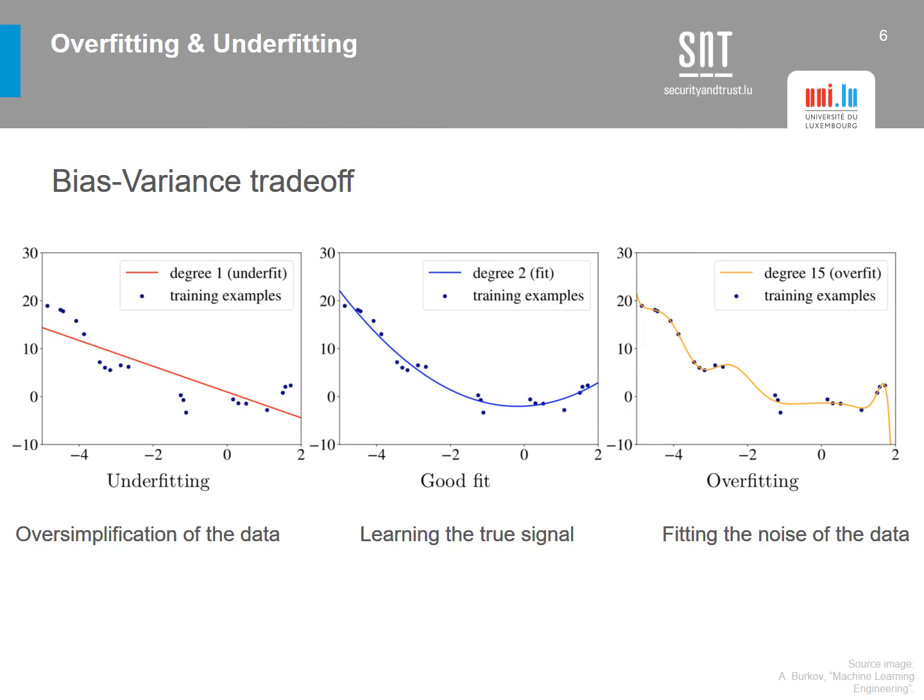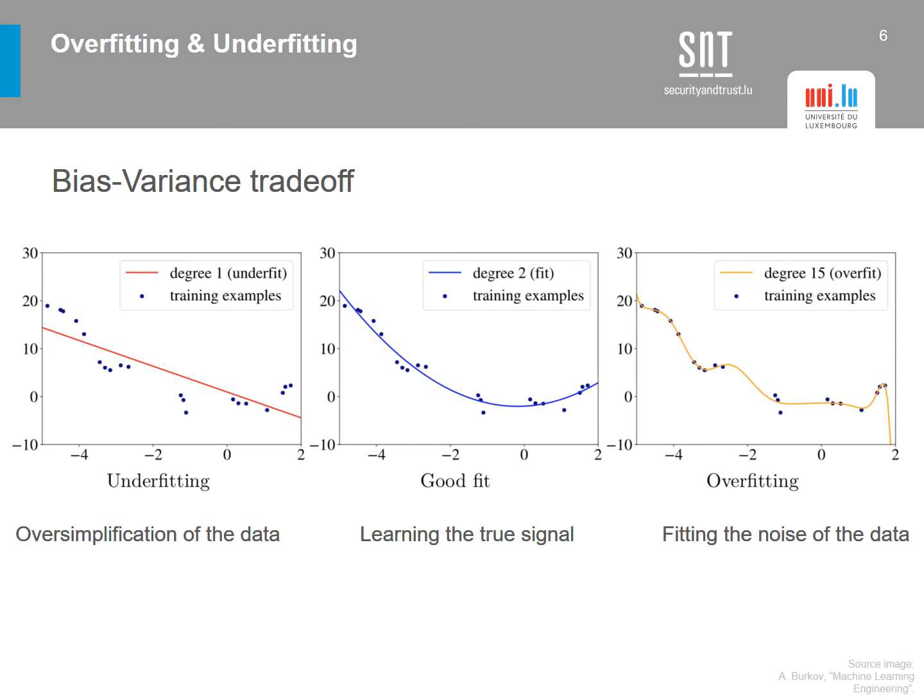So we can say that it's a good fit because it's learning almost the true signal, but we can see that it's not perfect, we still have some error. Now let's take a look at the figure on the left. Here we can observe that the features are negatively correlated to the labels, but the model makes pretty big errors on average because the vertical distance of the dots and the corresponding points on the curve is quite large.